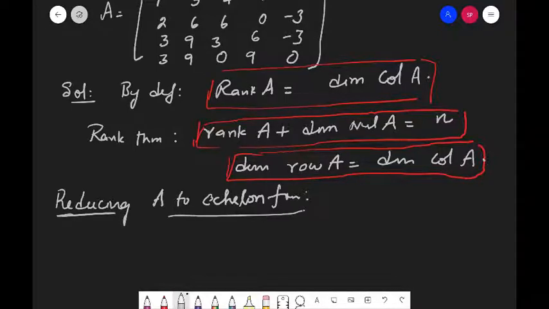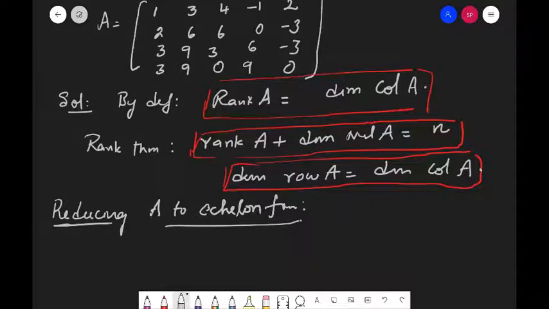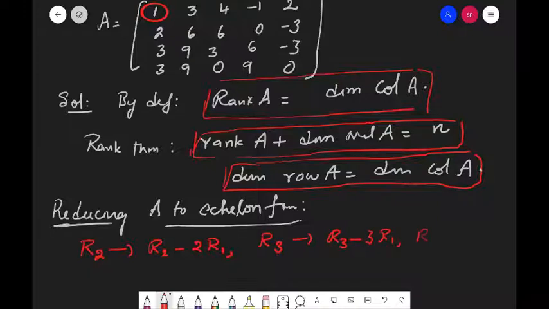Here in matrix A, the first element is a pivot element. So for row 2 we will apply R2 minus 2 R1, for row 3 we will apply R3 minus 3 R1, and for row 4 also we will apply R4 minus 3 R1.